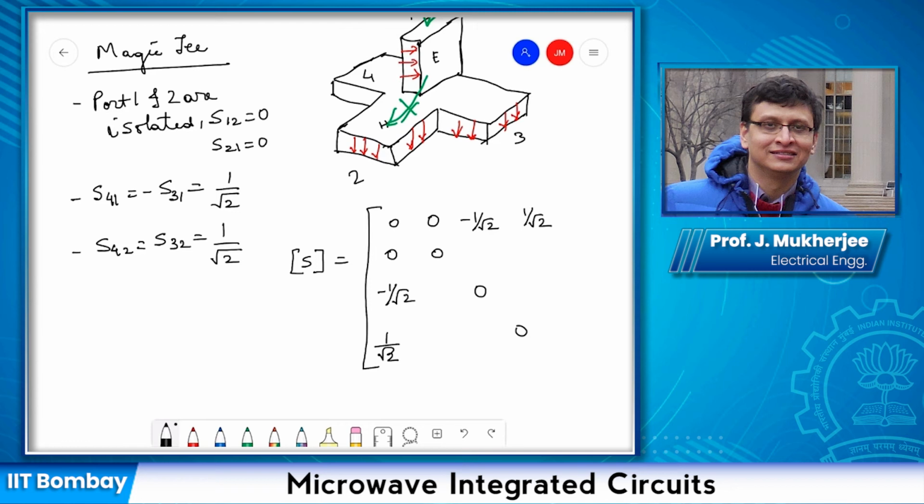Then S32 is equal to 1 upon square root of 2.